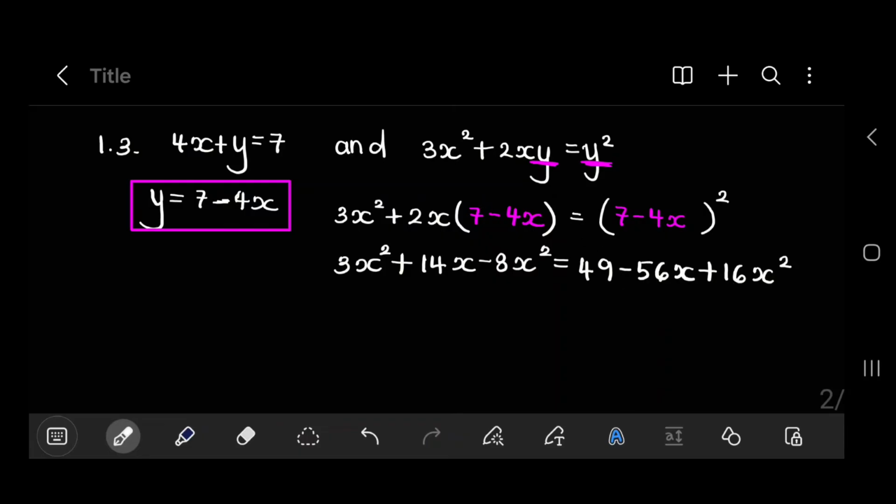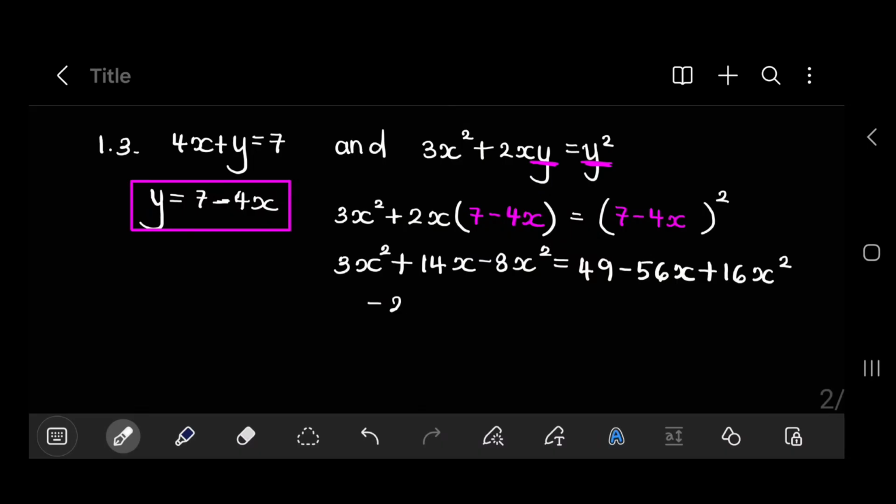Now let's gather like terms. We can take everything over to the left. And when we do that, we've got 3x squared minus 8x squared, which is actually -5x squared. We can take the 16x squared over to the left.